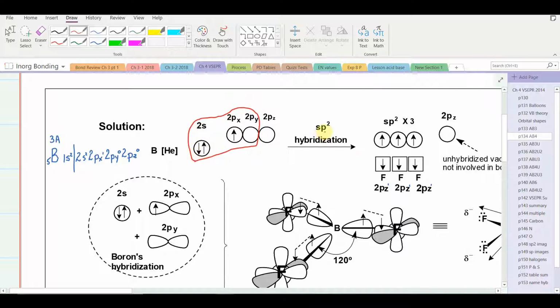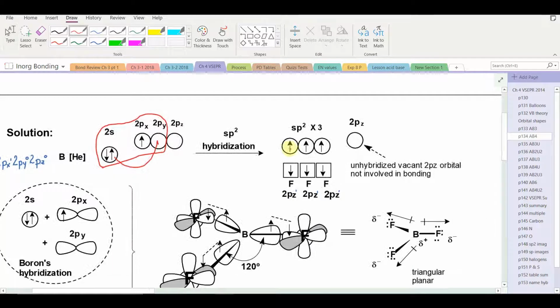An electron is promoted from the full 2s orbital to the empty 2py orbital. Now boron has 3 half-filled degenerate orbitals. They're of the same energy, and they're available to overlap with the half-filled 2pz orbital of 3 fluorine atoms. What about the 2pz orbital? It's empty. It's simply not used.